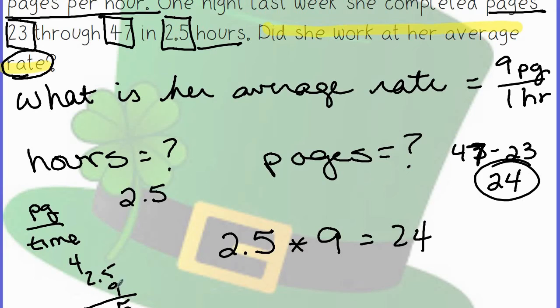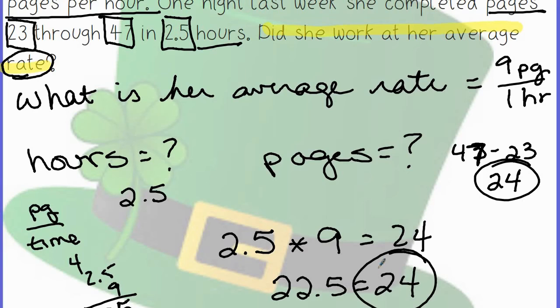Carry the 4. 2 times 9 is 18, plus 4 is 22. So she would have had to complete 22.5 pages in order to have worked at her average rate. In this case, the answer is no, she actually worked faster than her average rate because she completed more than the 22.5 pages.